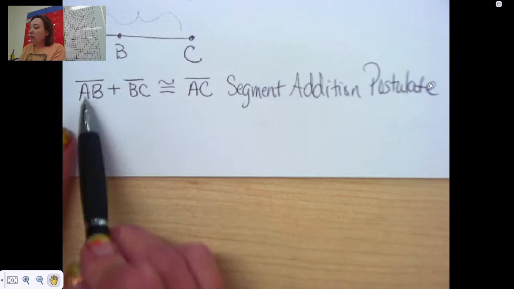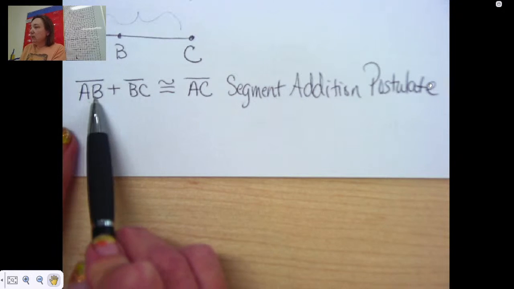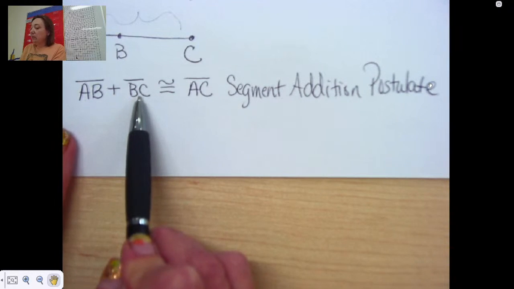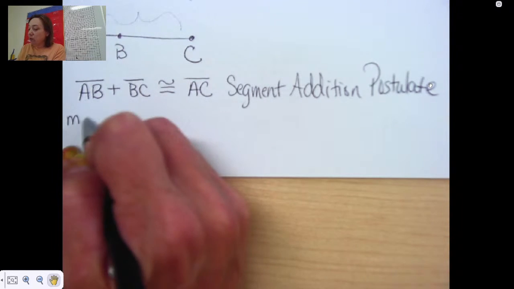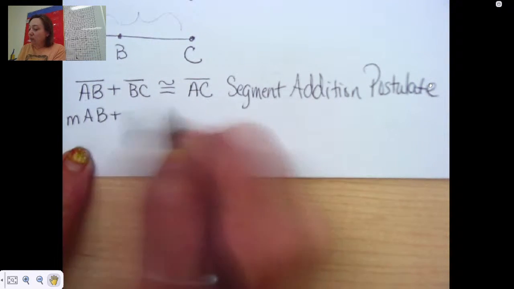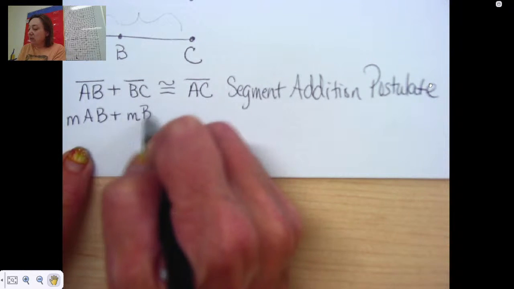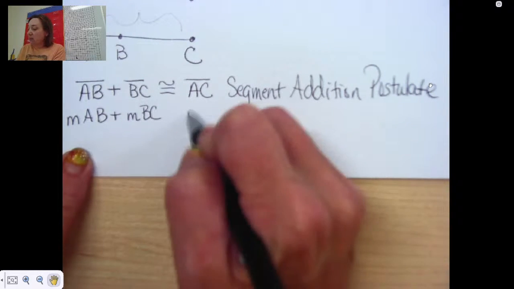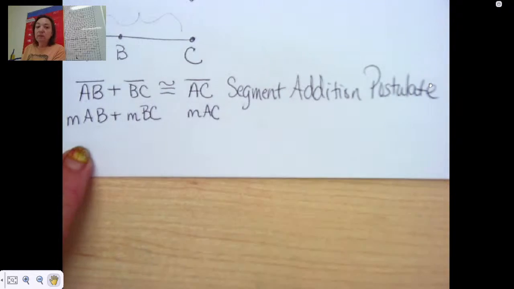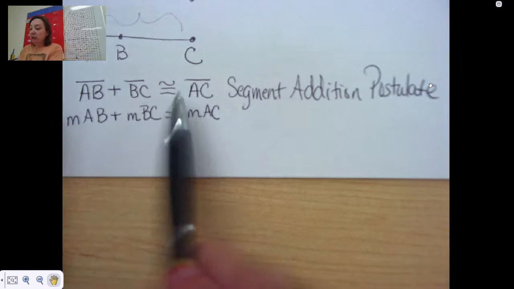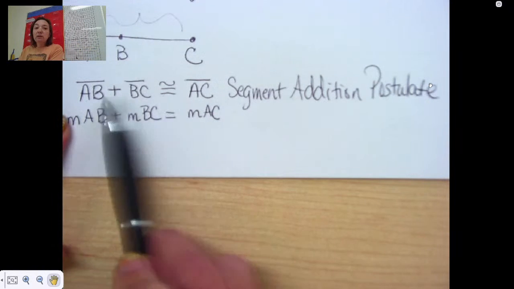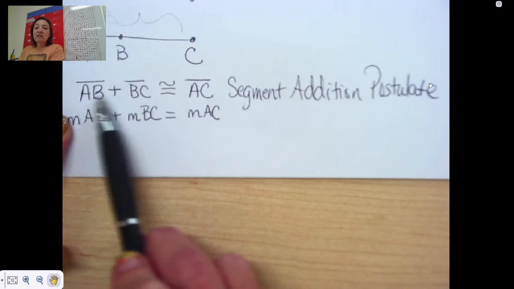So if we know that this segment and this segment added together is congruent to this segment, then what do we know about the measure of AB plus the measure of BC? What is it to the measure of AC? It's equal to. Now, what's the difference in those two? What are we talking about here? What is this describing up here?